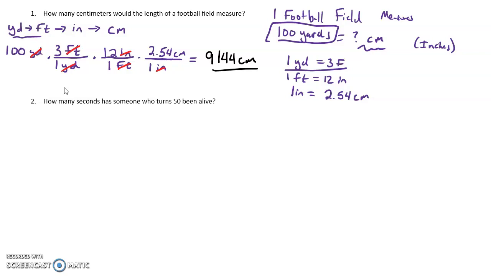How many seconds has someone who turns 50 been alive? So 50 is years, right? And we want to know that's how many seconds. Now I want you to think about, what are the steps we're going to follow?